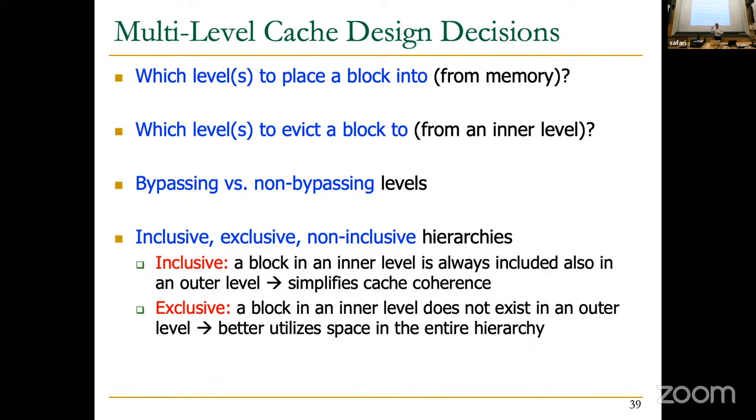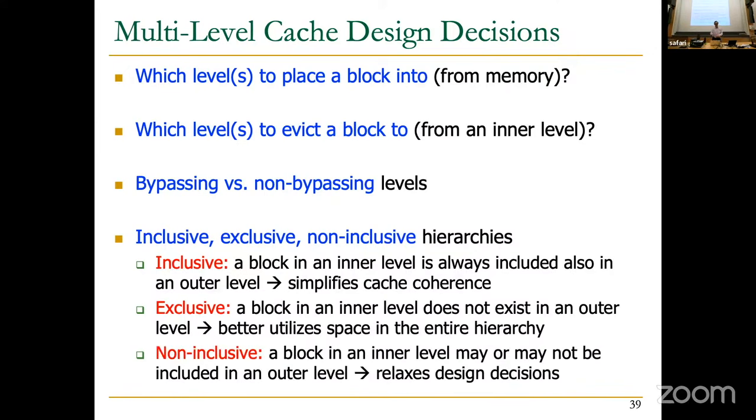If you say exclusive, whatever I'm going to have in an inner block is not going to be replicated anywhere else, or basically a block can be present only at one level. Then you're actually using the entire cache space in a much better way. But it turns out inclusive is easier to implement coherence, whereas exclusive is a bit harder, because if you do inclusion, you just need to check the later level caches or some level caches for coherence.